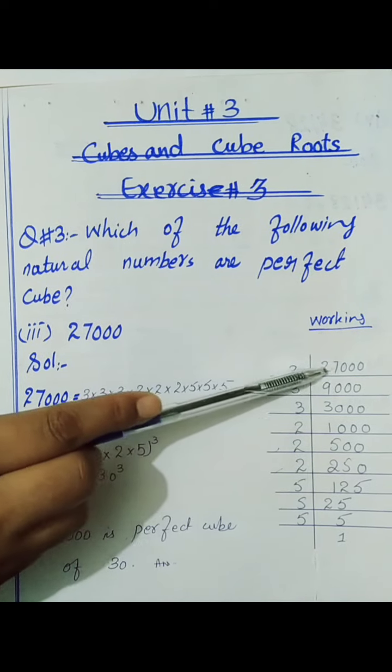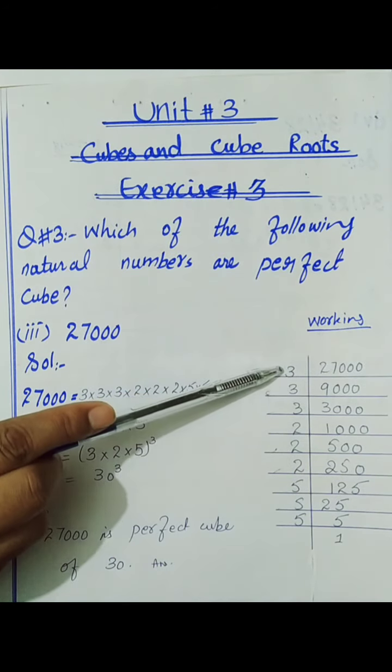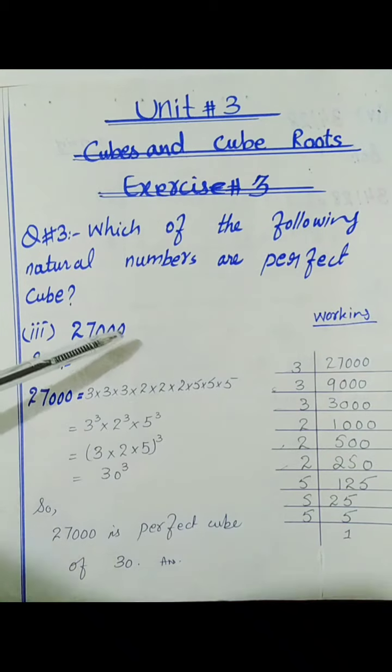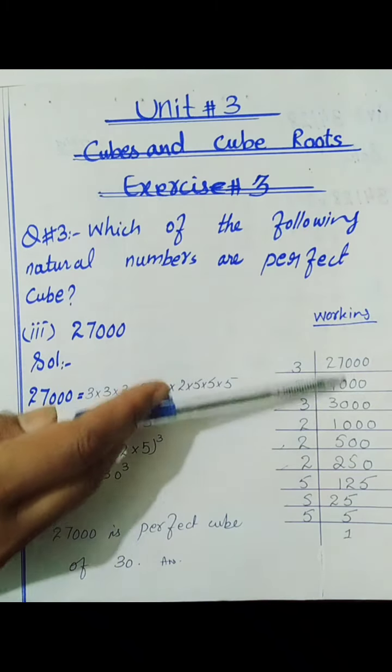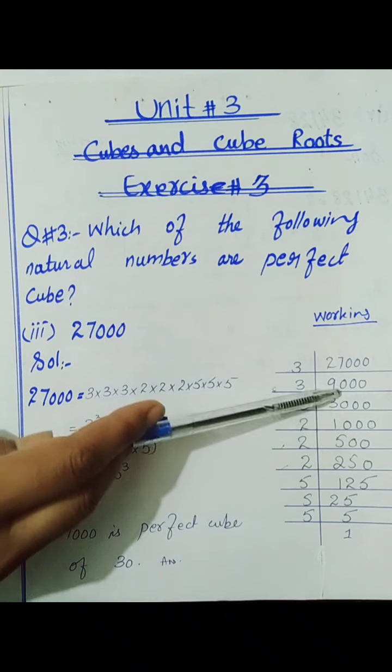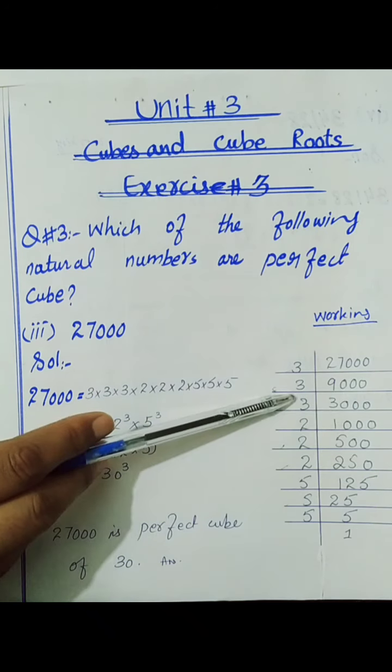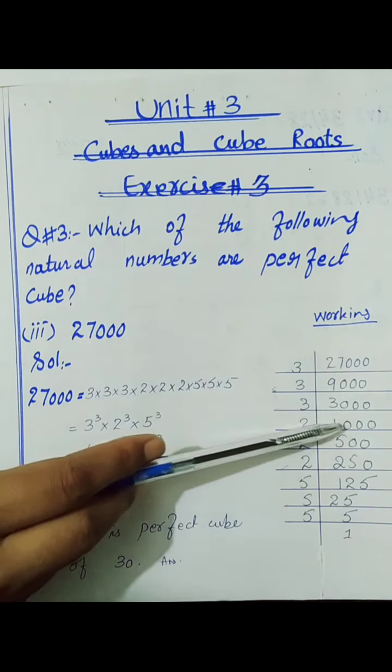We see that 27 is divisible by 3, so 3 9s are 27 and zeros are brought down, then 3 3s are 9 and then 3 zeros we have. Next 3 1s are 3 and 3 zeros brought down.